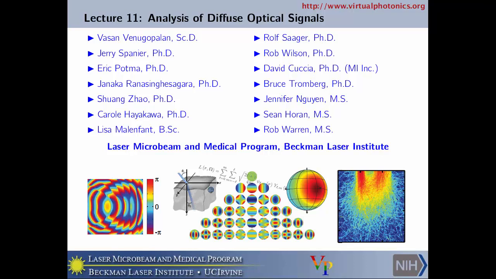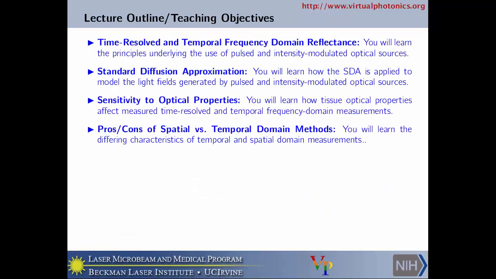Okay, so a listing of what we hope to cover. We'll talk about the principles underlying the use of pulsed and intensity modulated optical sources for time resolved and temporal frequency domain reflectance.